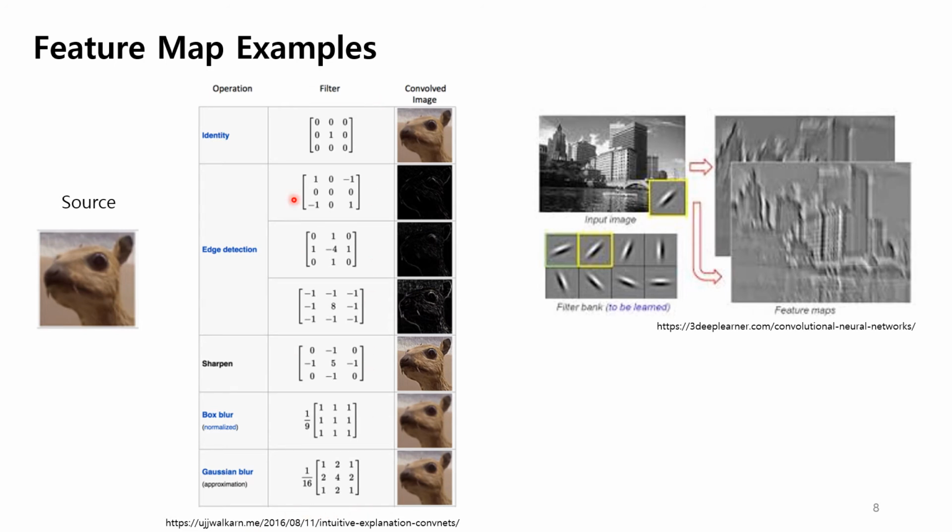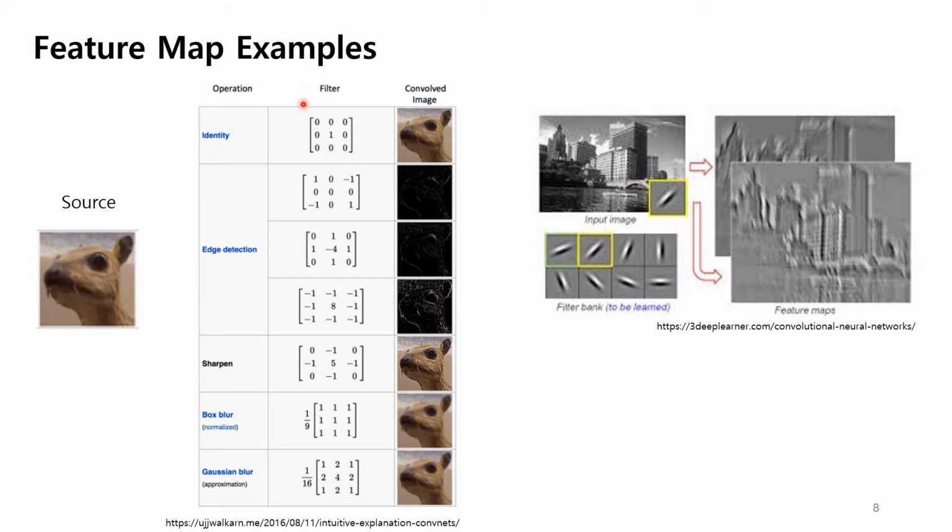You don't give the values of the filter by hand. This is going to be the result of learning. In this case, it just shows an example of filters, to show the effect of filter values.